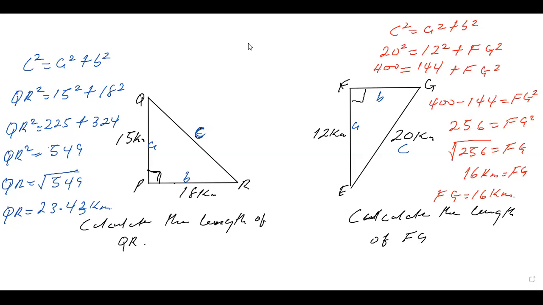And always remember that the C is always the hypotenuse, the side opposite the right angle. Follow? Always this side is the hypotenuse. That is your C. Are we clear? Is anybody lost as to when we use Pythagoras theorem?